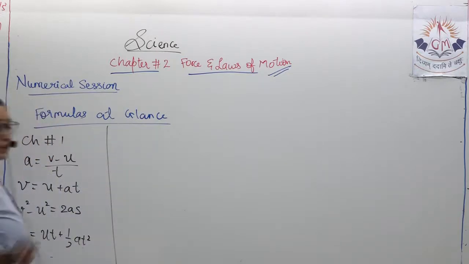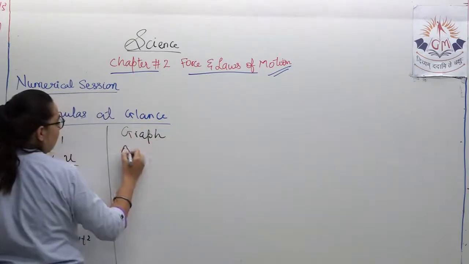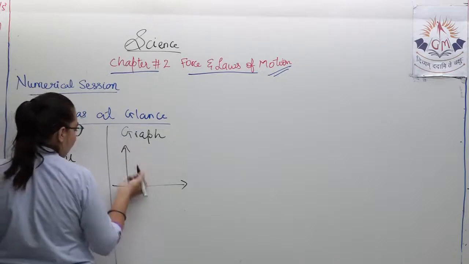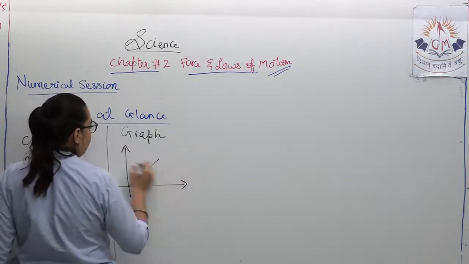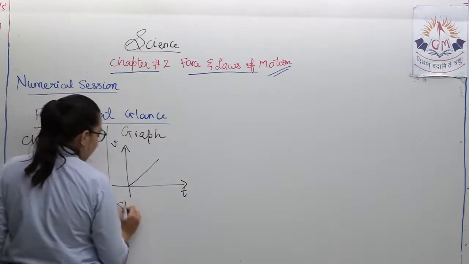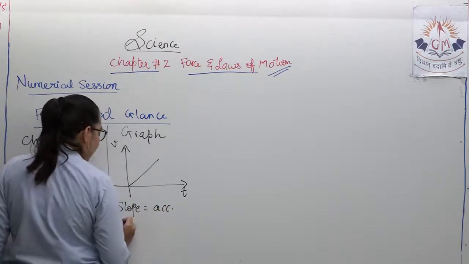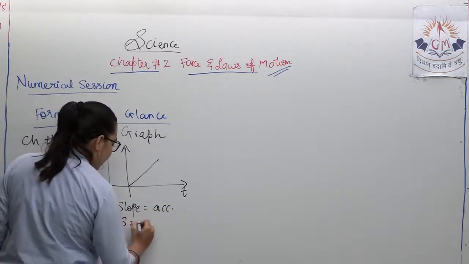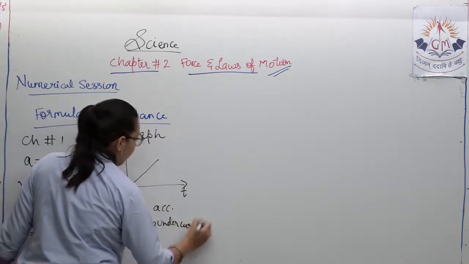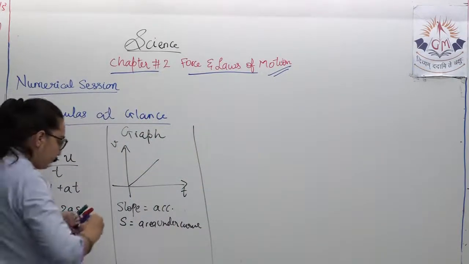Then specifically the one for the graph: for any graph, suppose it is velocity versus time, then the slope will be acceleration and the displacement is equal to the area under the curve. This is what you have to remember from chapter 1.